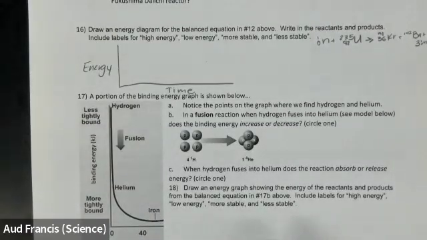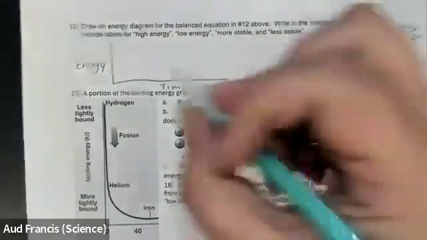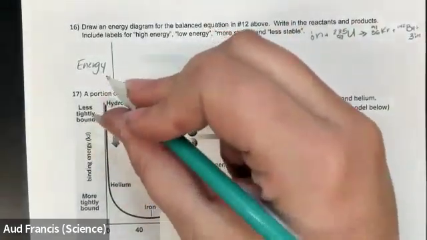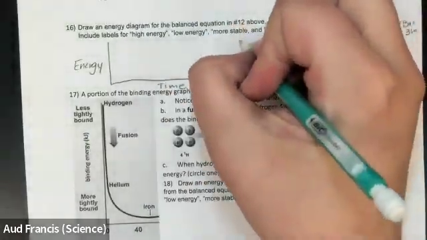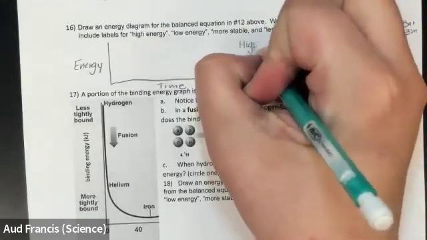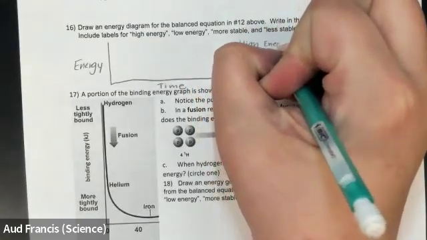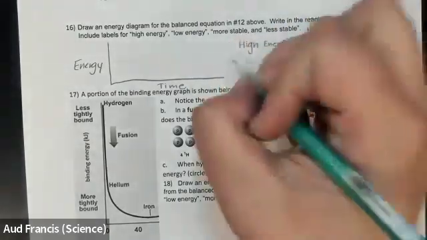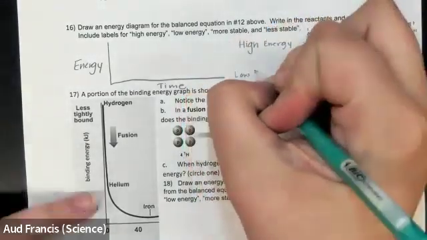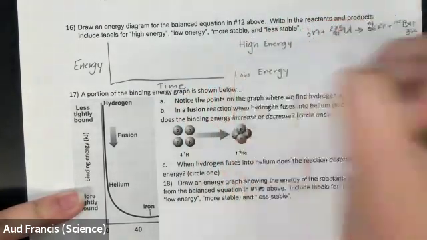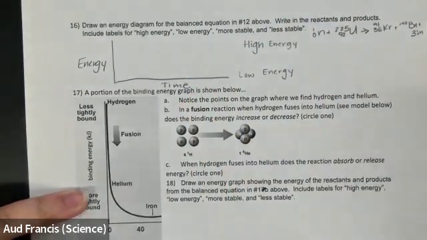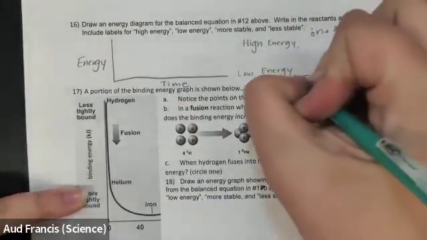All right. So from here, we're going to add in our labels for high energy and low energy and more and less stable. So for our energy here, we can tell that you have a higher point and a lower point. Label your energy according to that. So you have high energy here on the top and low energy on the bottom. And then kind of think back to our kindergartner example.